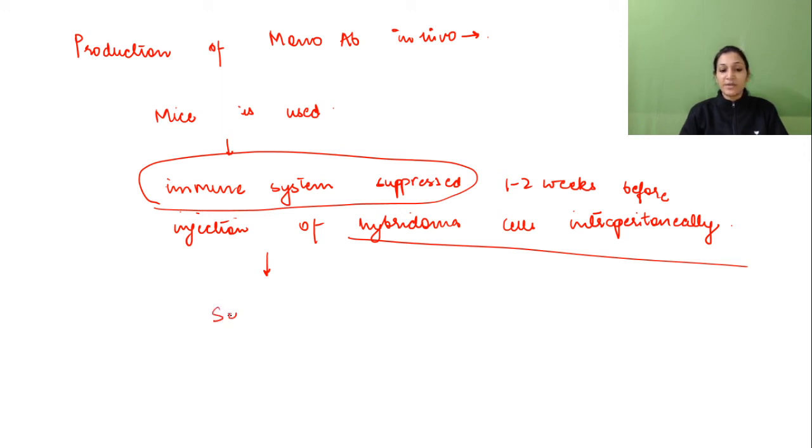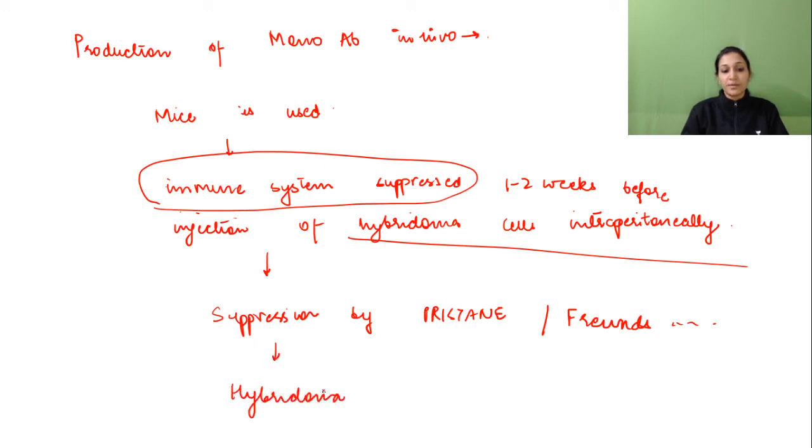The suppression would be done by injection of pristane or Freund's incomplete adjuvant, and hybridoma cells then multiply in the peritoneal cavity, right? They multiply over there.